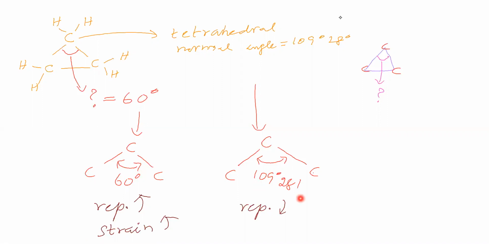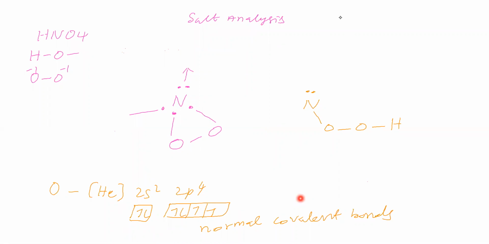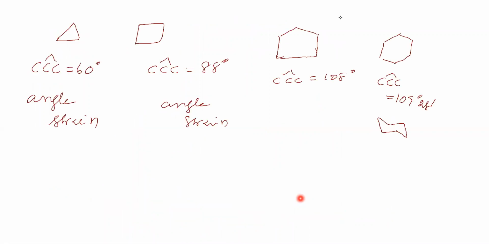So now you say where angle strain will be highest out of these. Where angle strain will not be present, where it is 0, out of these? That means you have not got clarity about angle strain.